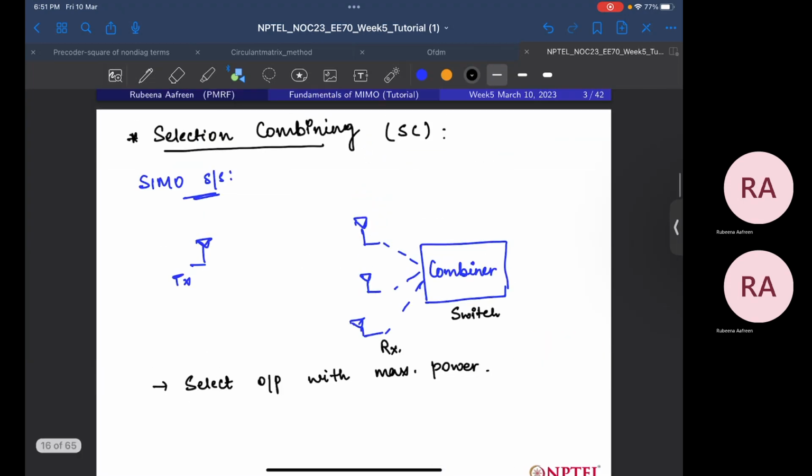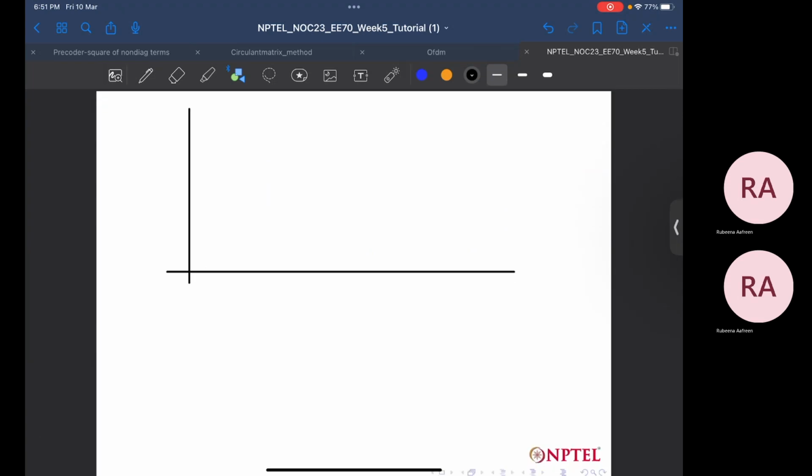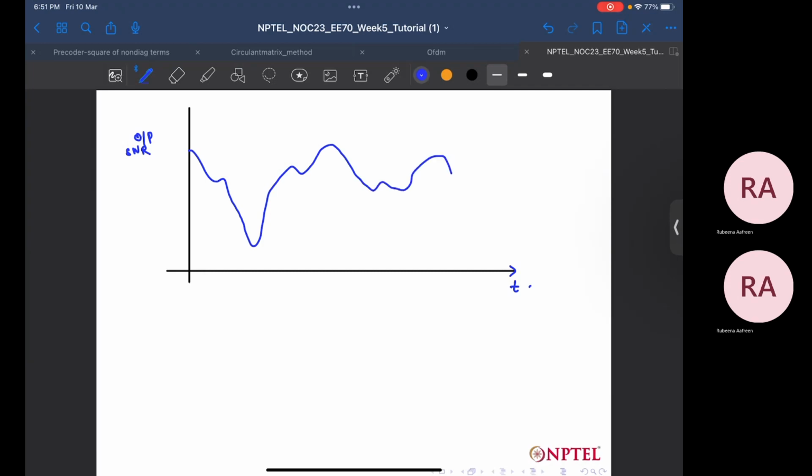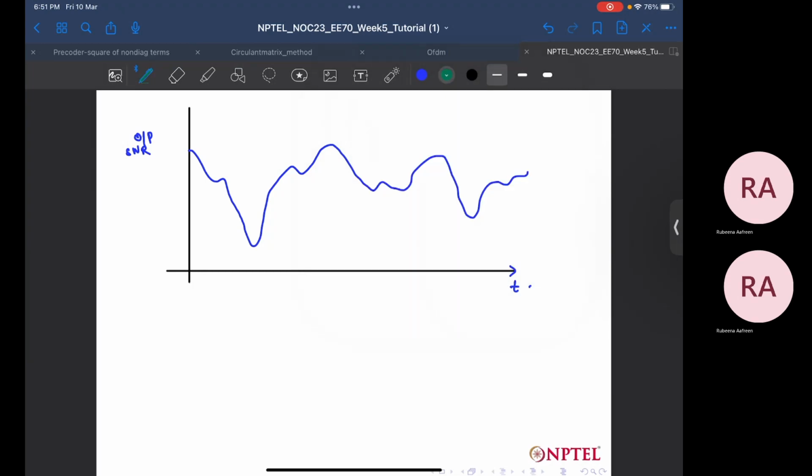So here we have taken three antennas. This is the output SNR. This is the time axis. Now suppose the signal from the first antenna is varying like this. Then we have the signal from the second antenna, and suppose it is going like this.